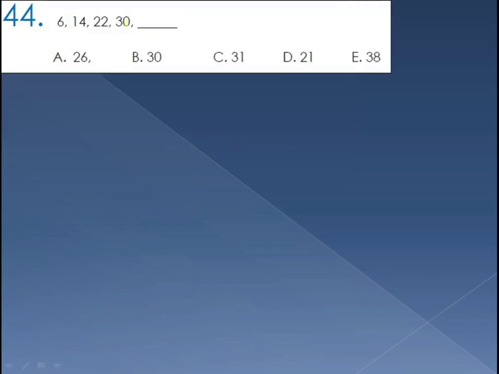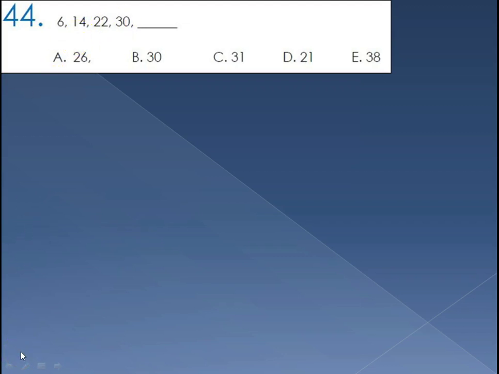Now the next one, it normally comes up, or sometimes comes up, not always guaranteed, but in the verbal reasoning section you have a kind of sequence. So this sequence says 6, 14, 22 and 30. What is the pattern in this sequence?